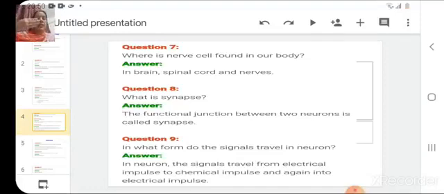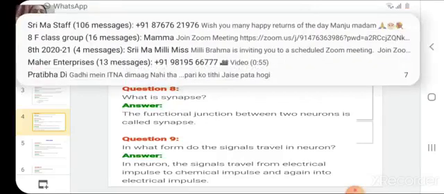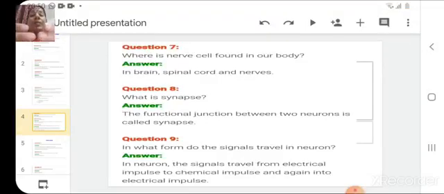Now this is neuron 2, which is just next to neuron 1. Now there is one gap. If you see it very clearly, there is a little bit of gap. It is not directly attached to each other. This particular part where they are very close to each other is known as synapse.